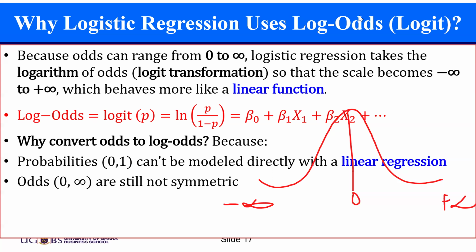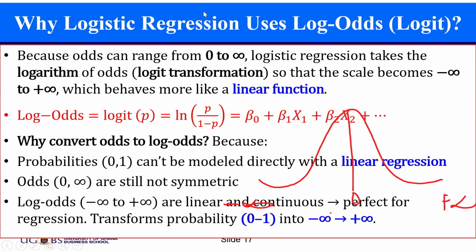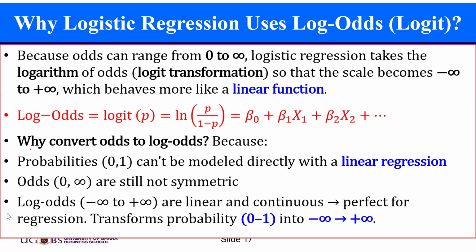That is when we say the thing is symmetric, and we want it to be symmetric. For that to happen, we need to convert the odds to the log odds. So log odds will bring everything between negative infinity and positive infinity, just like any continuous function might look like. This is perfect for regression, and this will transform the probability from 0 to 1 to negative infinity to positive infinity. This is beautiful if you understand it.